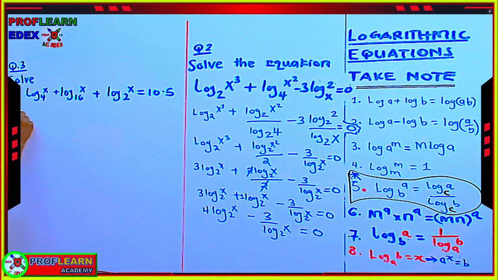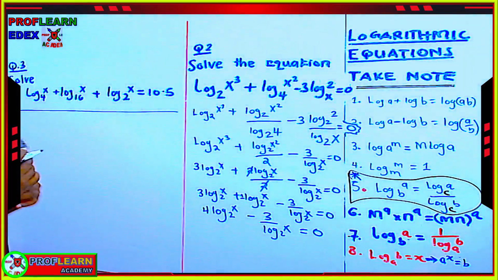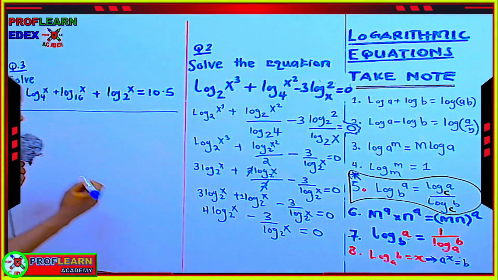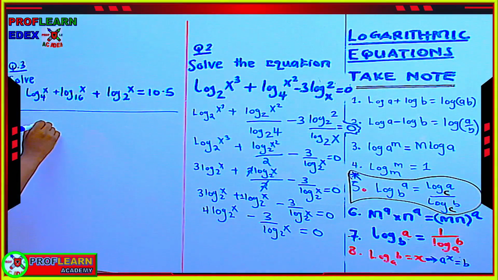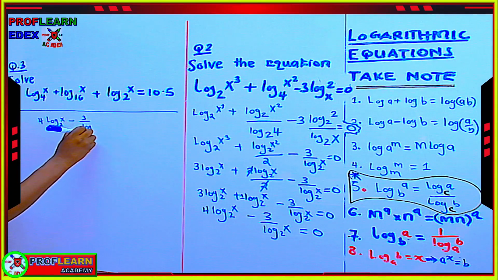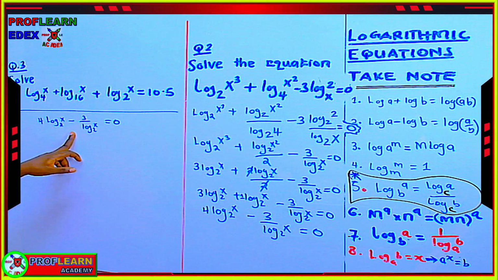Now, before I start working out this question, let me make use of this space for this part. If we have 4 log x base 2 minus 3 over log x base 2 is equal to 0, there is no rule that I can use to multiply this.